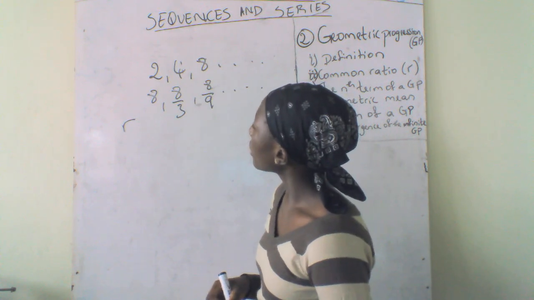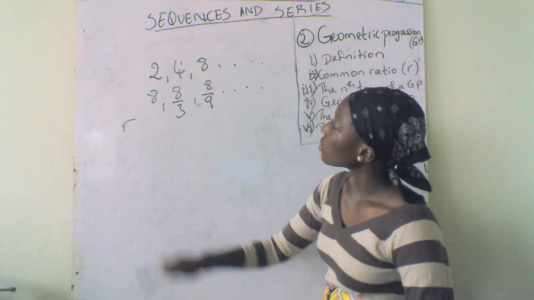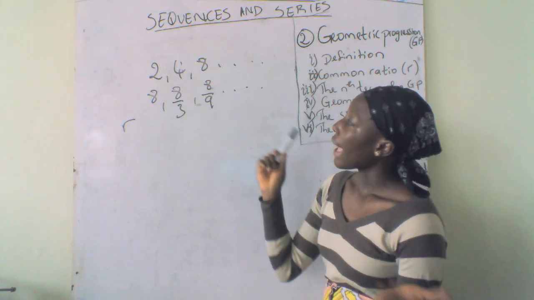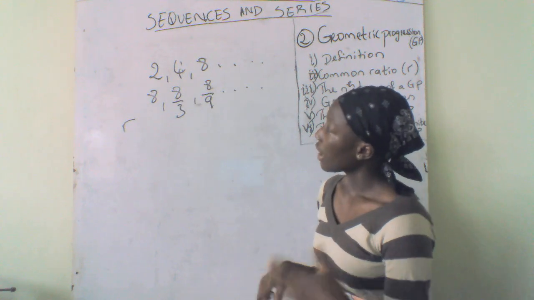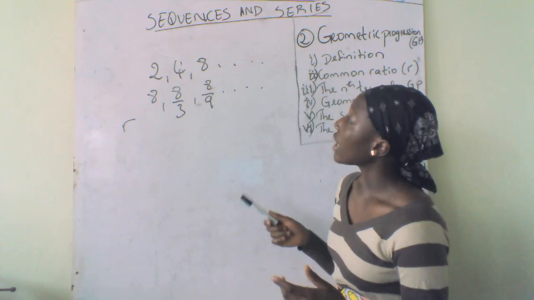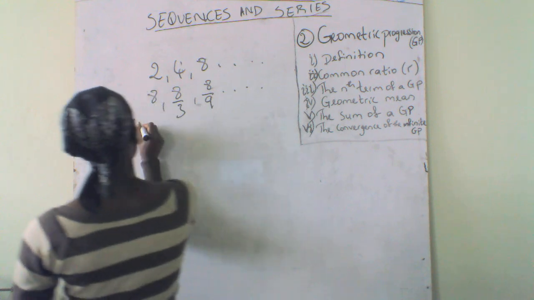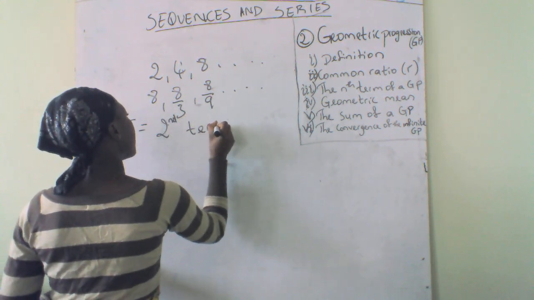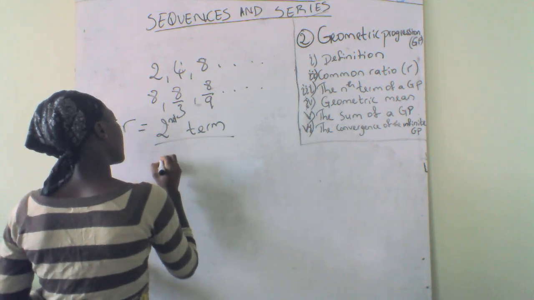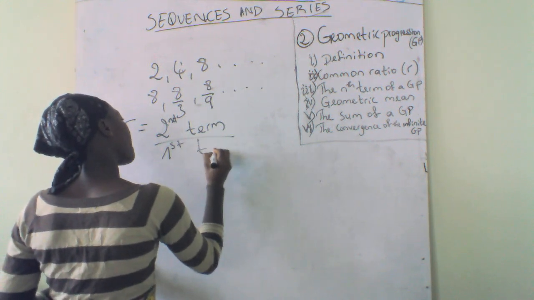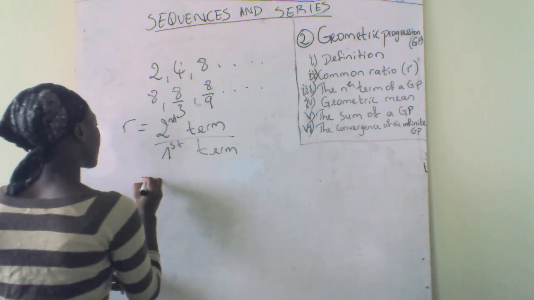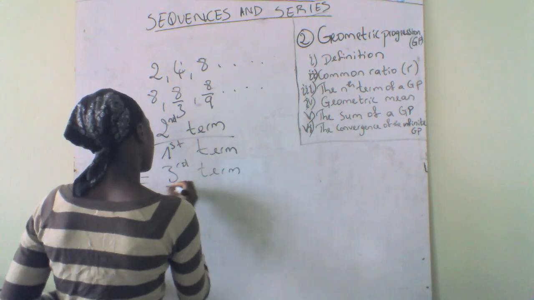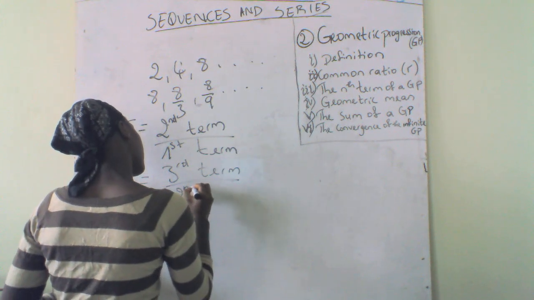Take for example, if you are asked to check whether this sequence is a geometric progression, apart from observing it and seeing the multiplication, you can also do the second term divided by the first term, or still the third term divided by the second term.